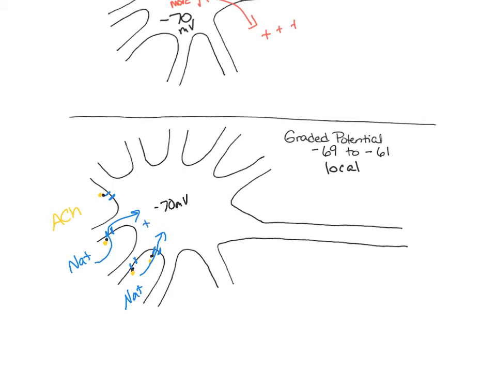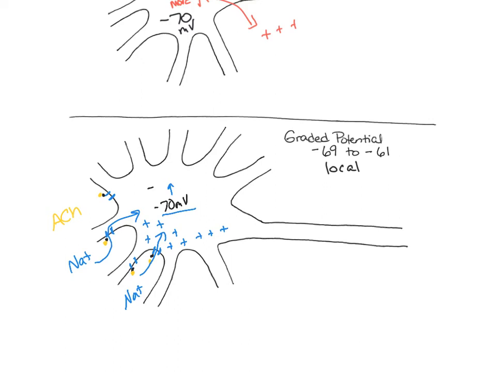As the sodium ions arrive inside the cell, they start to spread out. As these positively charged sodium ions spread out, they start to shift that membrane potential toward 0 millivolts. So the resting membrane potential, which was at negative 70, will become more positive.